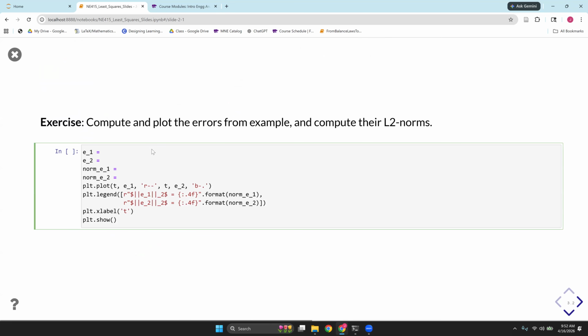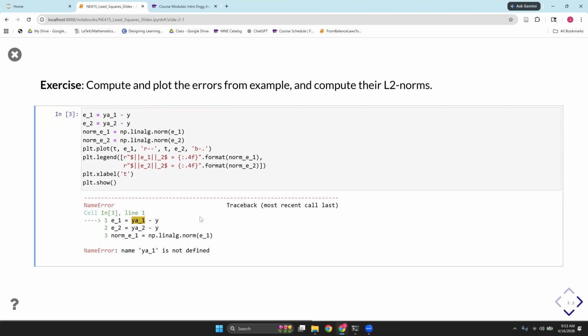So the first error would be YA1 minus Y, and then YA2 minus Y. And then the norm of these, assuming we have NumPy loaded, we have np.linalg.norm of E1, and then np.linalg.norm of E2. I believe, oh, Y, uh-oh, what did I not?